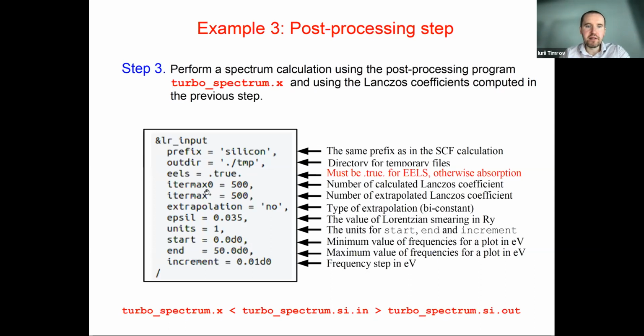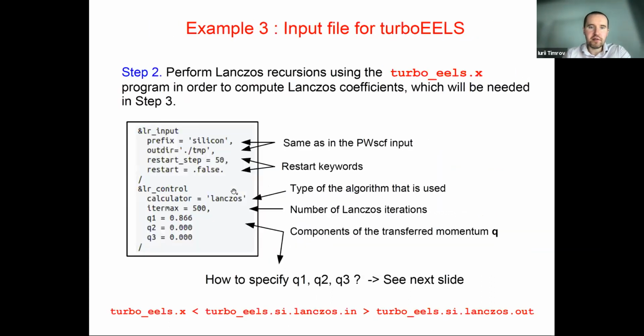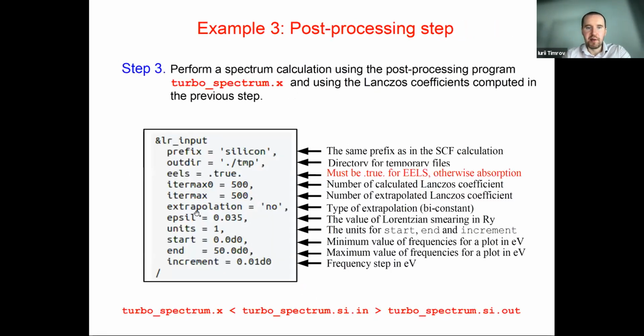We have itermax0 and itermax that Oscar described. We can use the same extrapolation technique or not, as Oscar described. For the time being, let's say we don't use extrapolation. So itermax0 and itermax are 500. Why 500? Because in turbo_eels it was also 500, so we keep the same number. And then we have broadening epsilon 0.035 Rydberg.